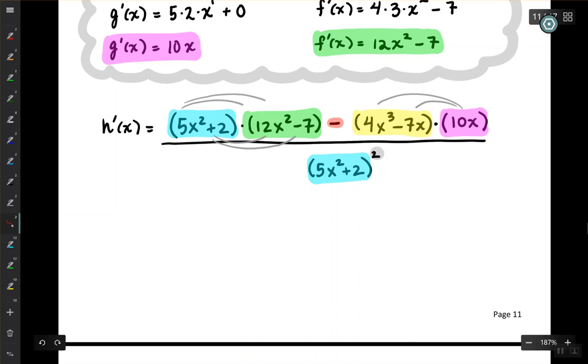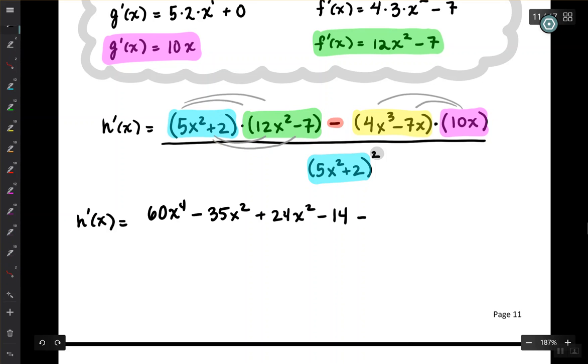All right, so 5x squared times 12x squared: 5 times 12 is 60, x squared times x squared is x to the 4th. 5x squared times a minus 7 will be a minus 35x squared. And 2 times 12x squared is going to be 24x squared. 2 times a minus 7 is minus 14.